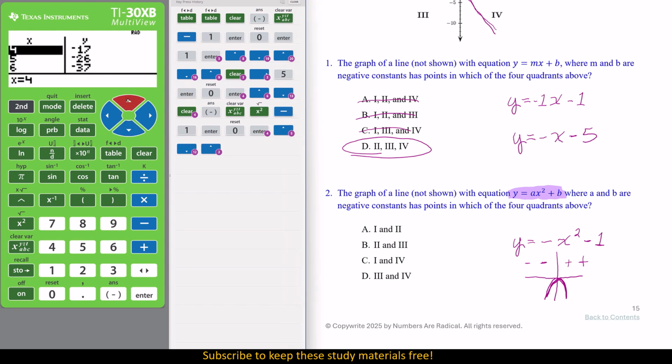Yeah, you can go up and down and verify, but you can also look at your picture and verify. So this means anything with quadrant 1 or 2 has to be out. Well, that's not good. And again, looks like it's option D. Okay. And that's because of the conditions placed on us. All right, let's look at number 3.